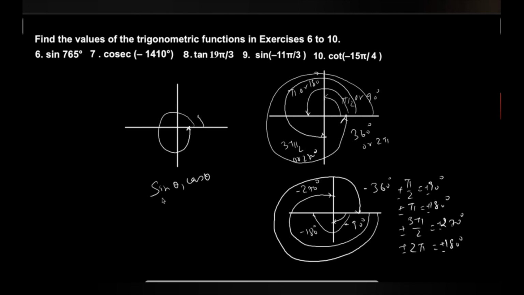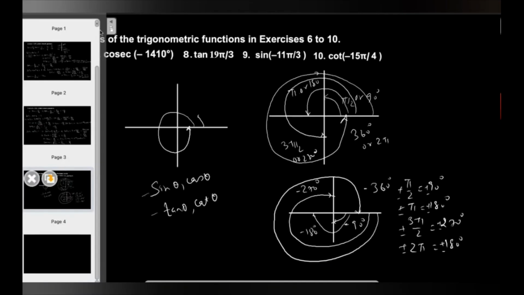In some other lecture I will explain how the graphs of sine theta and cos theta look, but you know that every 2 pi the values repeat, and for tan theta and cot theta, every pi the values repeat, right? So we have to make use of these relations.